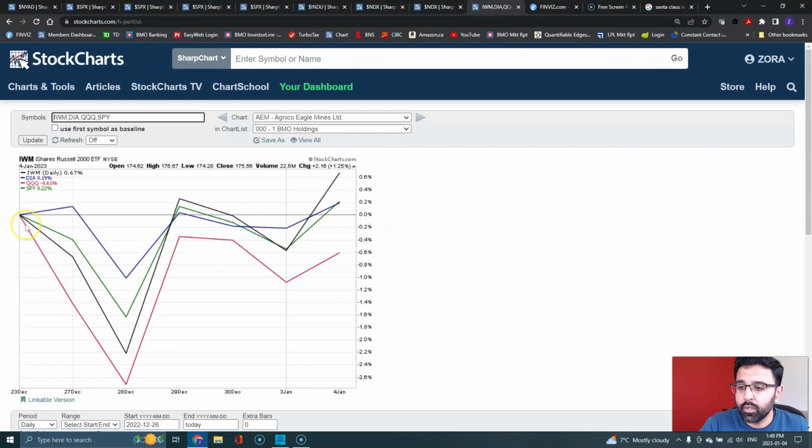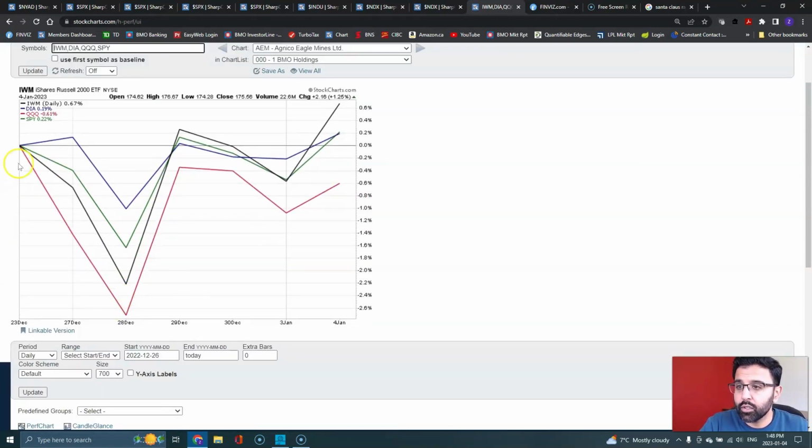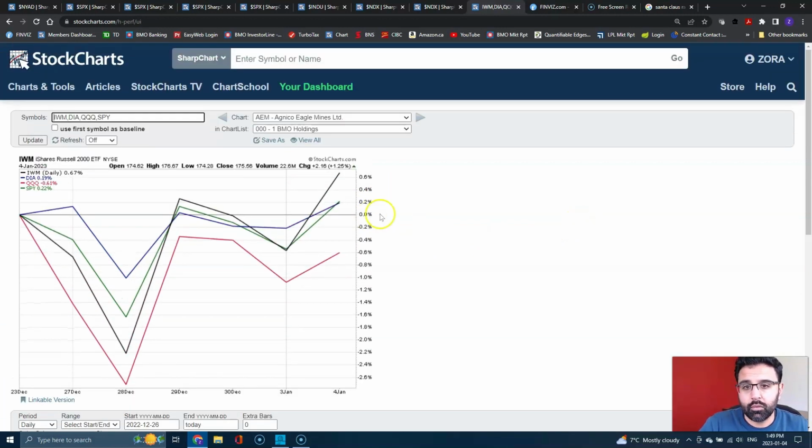So from December, looks like 23rd close to now, there was a rally. In fact, the average gain is around 0.67 for the Russell, 0.2 for the Dow, and 0.22 for the S&P, and the laggard here is the Nasdaq. I think these are closing prices for January 4th. So looks like for the most part Santa Claus did come to Wall Street.